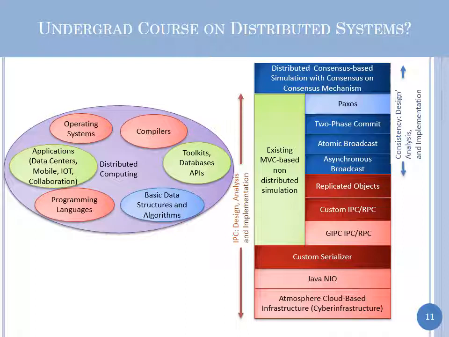This is an NSF-supported infrastructure, and I have some collaboration with these guys. The one we're going to use is called Atmosphere, and you will use that for one of your projects. So at least, if nothing else, you learn how to use such an infrastructure, how to create virtual machines, and how to run programs on different machines.